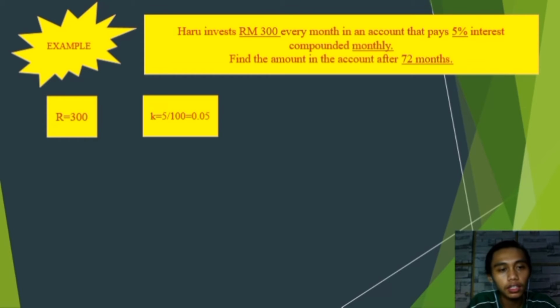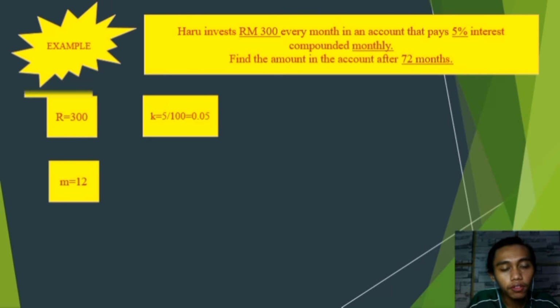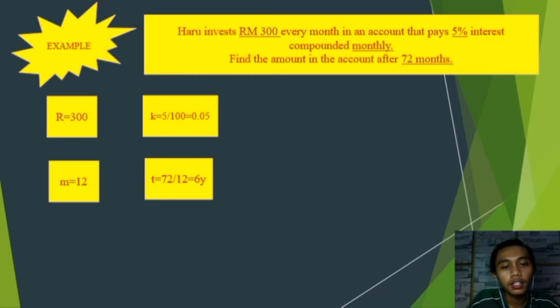R is 300, K is 5 divided by 100 equals 0.05, M is 12, T is 72 divided by 12 equals 6.